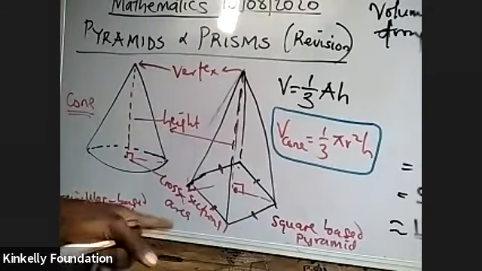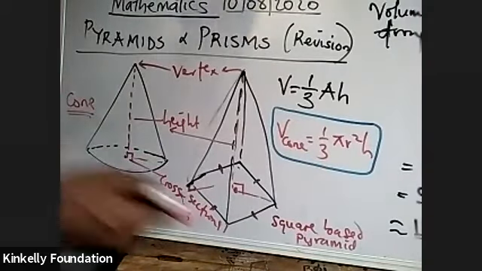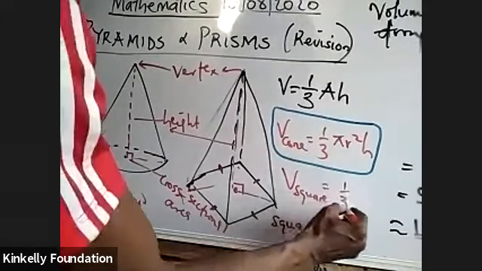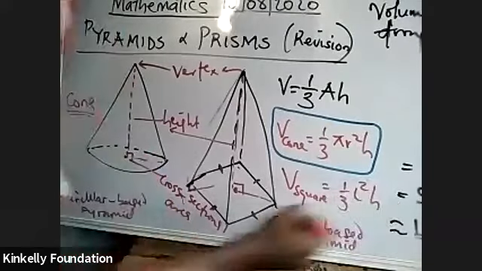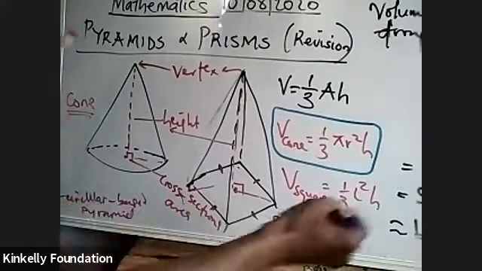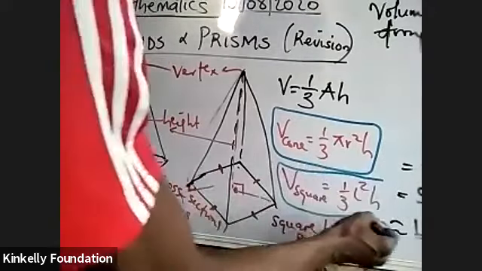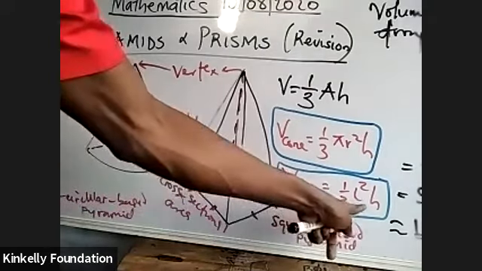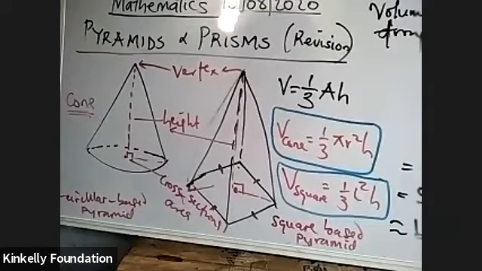Now, if you are considering a square base pyramid, the volume will give us 1/3 L squared times height. This is for a square base pyramid. If it is a rectangular base pyramid, this will not be L squared times height, but L times the breadth times the height.